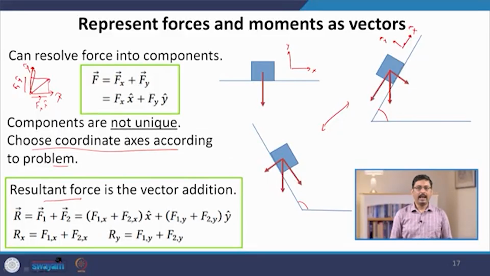The opposite of resolving a force into components is adding the components vectorially to get back the resultant force.